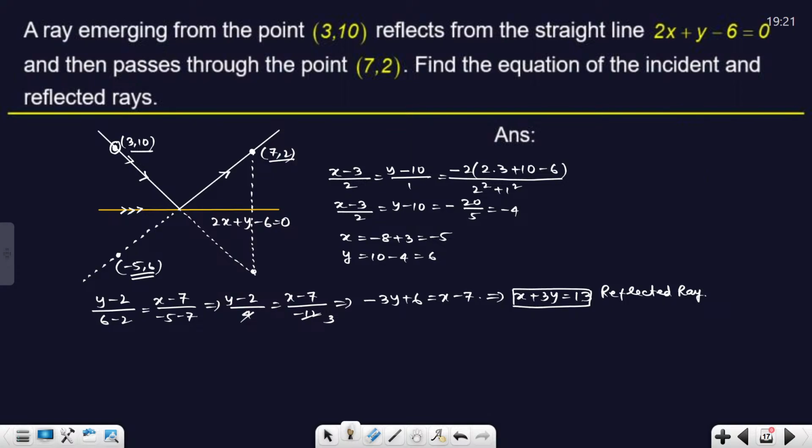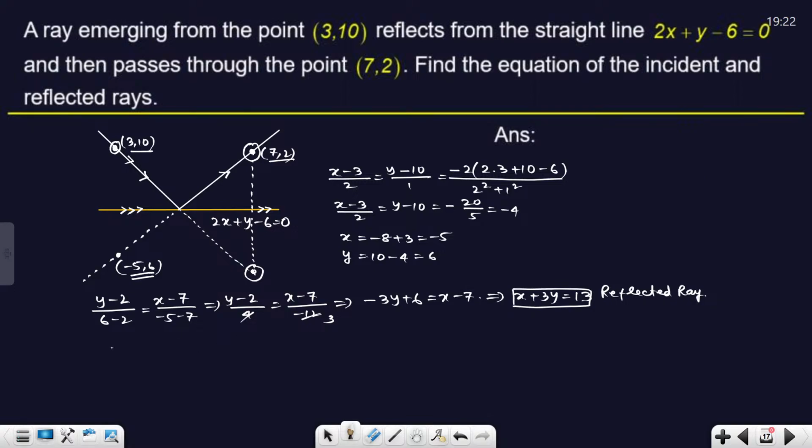Okay. Now, to find the equation of the incident ray, I will find the image of 7, 2 with respect to the line mirror 2x plus y minus 6 equals 0. This is the image of the point 7, 2, which will be very much on the incident ray.